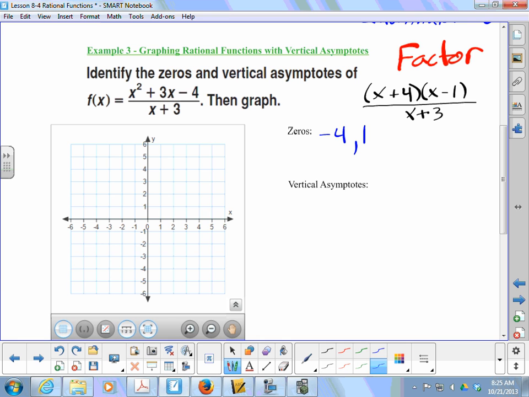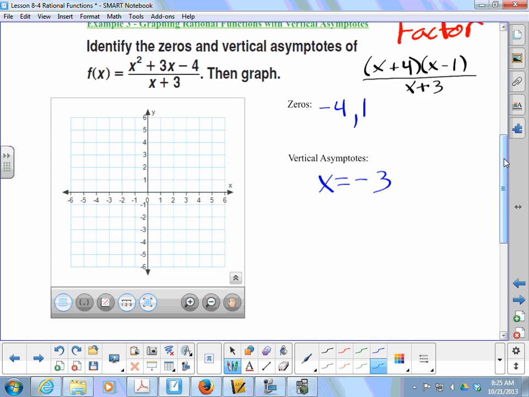Chase, what's our vertical asymptote here? -3. Close to -3. What else do I need? X equals -3. Okay, all vertical asymptotes are x equals, horizontal asymptotes are y equals. Okay, so I also need x equals -3.